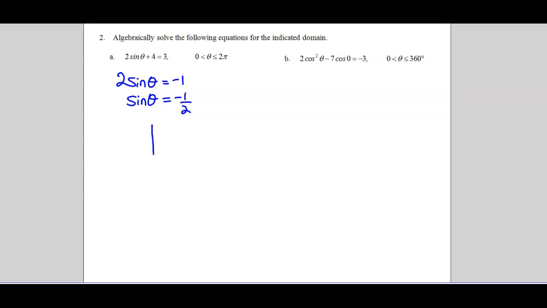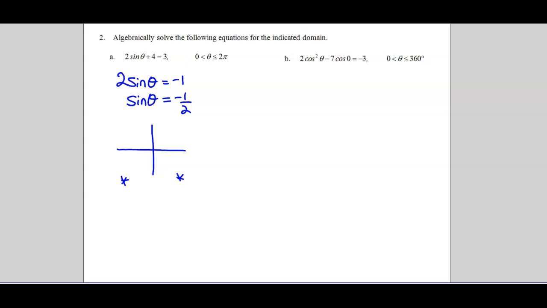So this is where your unit circle has to come in. So where is sine negative? So 3rd and 4th quadrants. Okay. Reference angle would be from sine theta equaling positive 1/2. Okay, so sine is the y value, so that's 1/2 is the smaller.